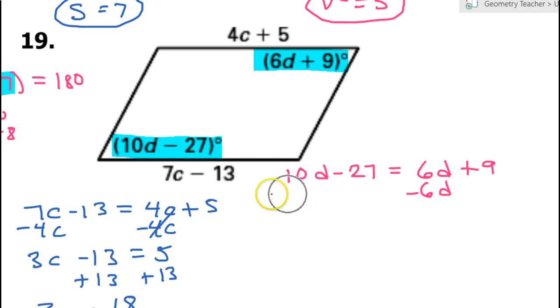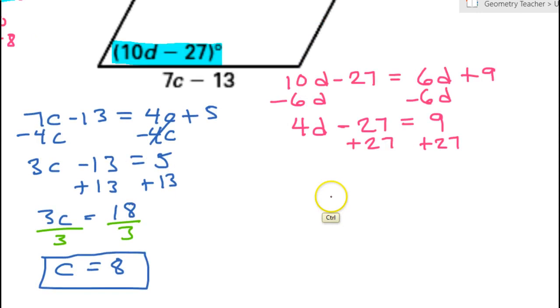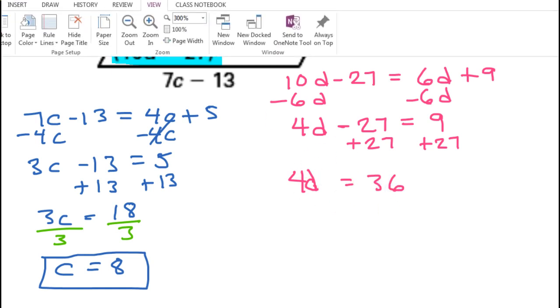Subtract 6d from both sides. So that will give me 4d minus 27 is equal to 9. Plus 27 on both sides. So that's going to give me 4d is equal to 36, and then I need to divide both sides by 4.